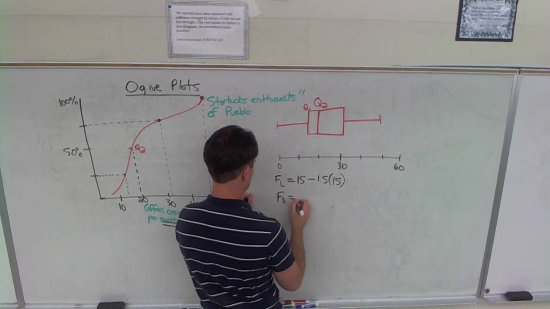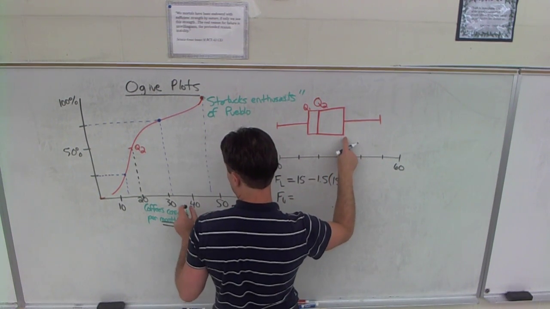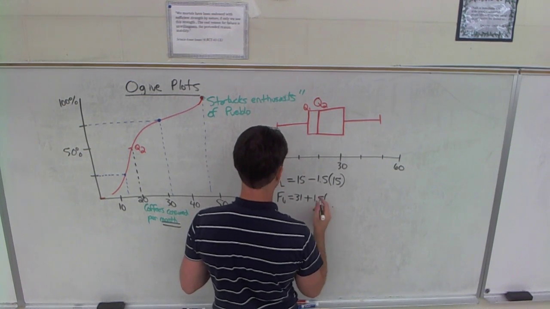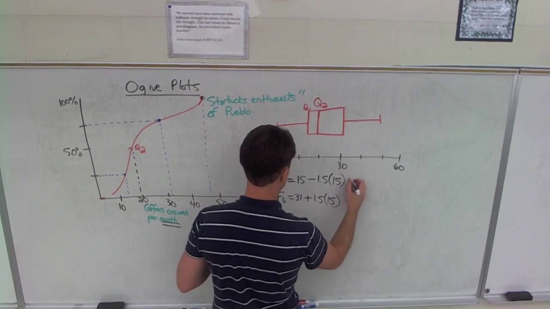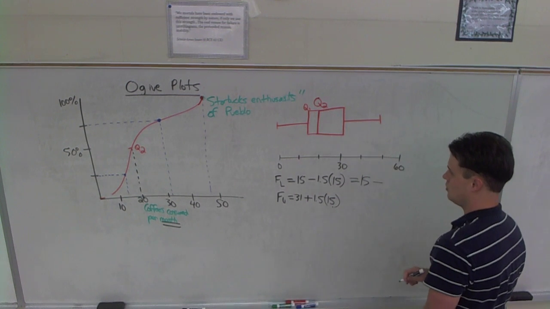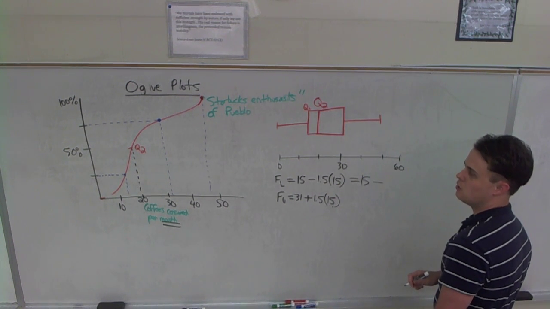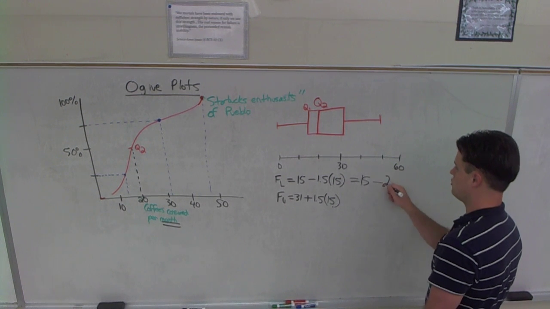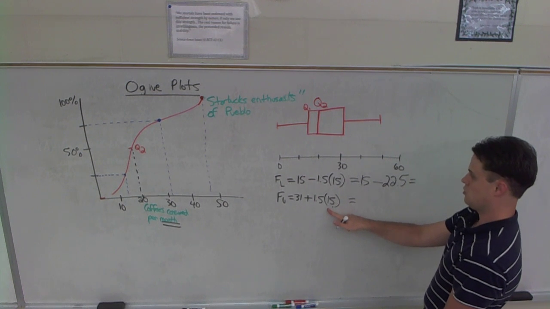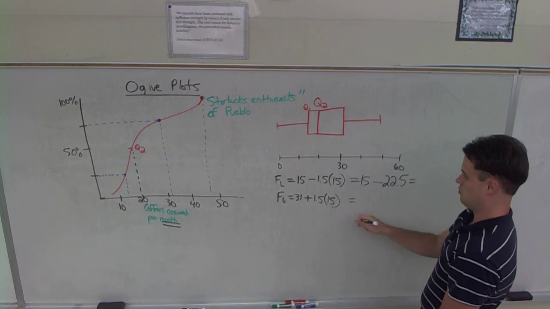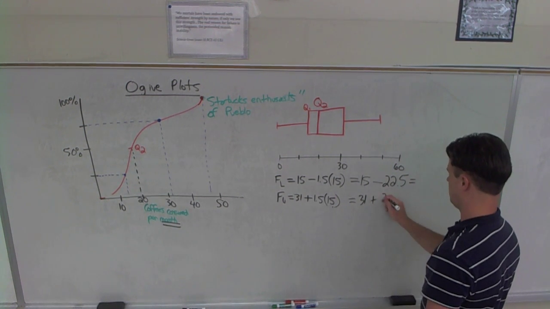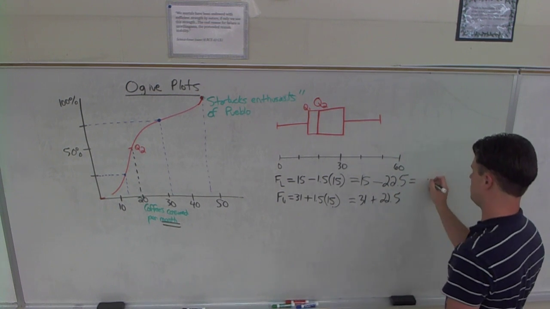The upper fence is going to be the upper quartile, which we said was like 31, plus 1.5 times the IQR, which is like 15. 100% of 15 is 15, 50% of 15 is 7.5, that's 22.5. So this is going to be negative something.